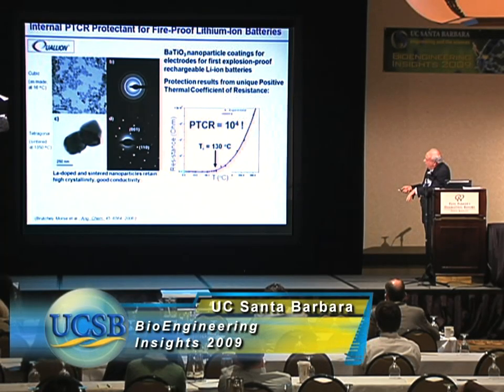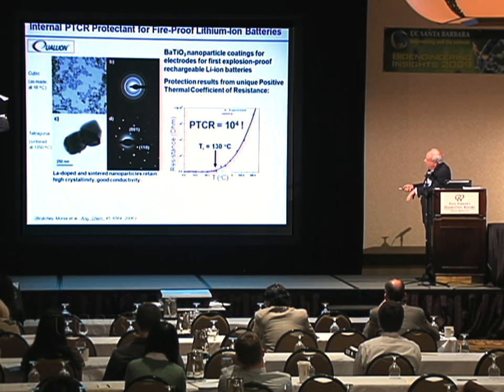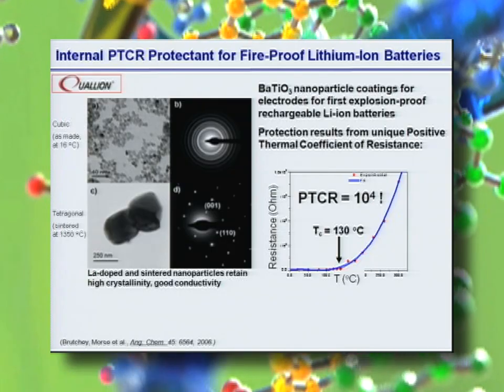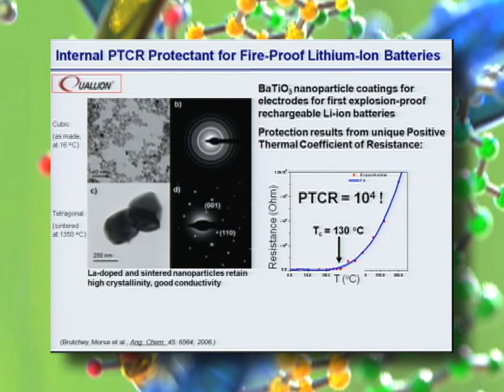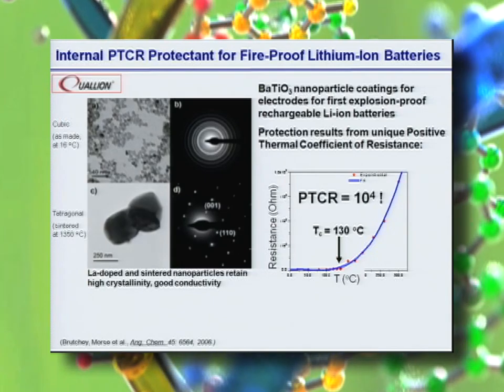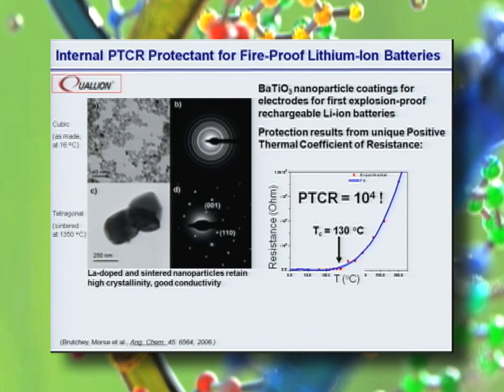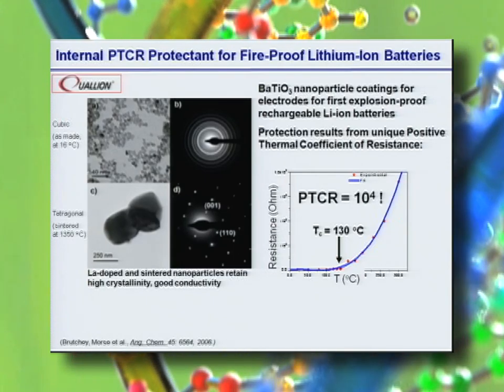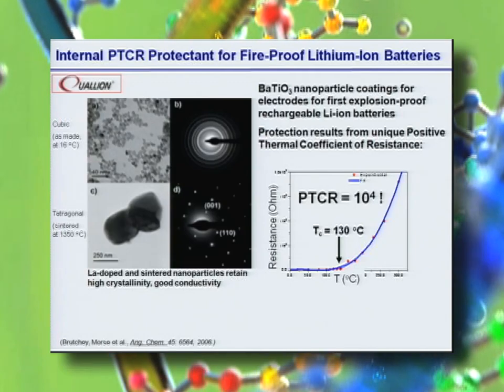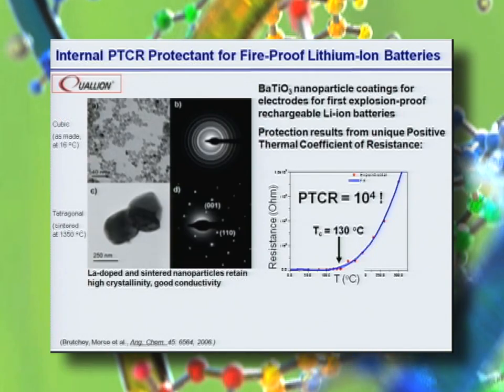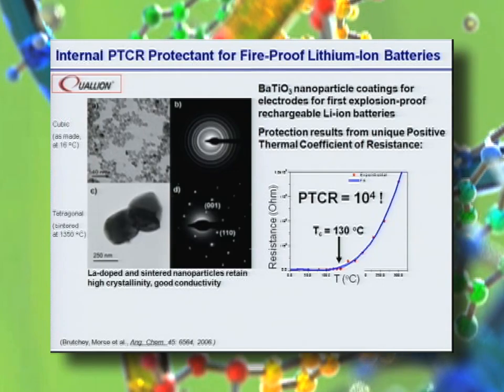The doping makes it possible for the barium titanate to serve as a conductor normally at low temperature, but then, a unique property of this material, it exhibits a 10,000-fold increase in resistivity, a positive thermal coefficient of resistivity, when heated above the Curie temperature. It's transitioning here from a conductor to an insulator.